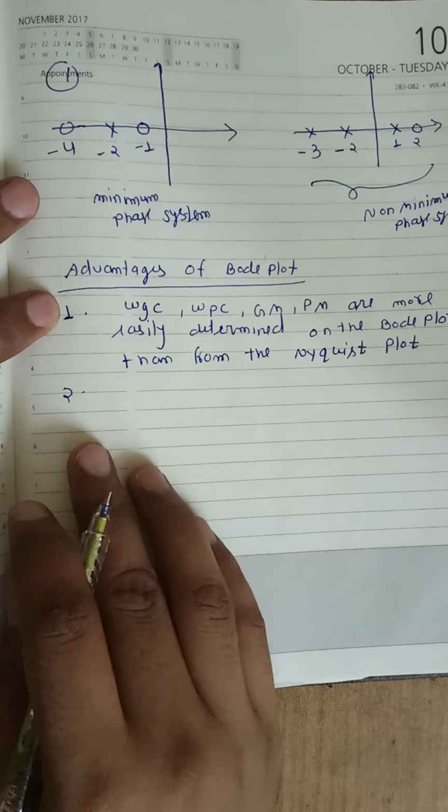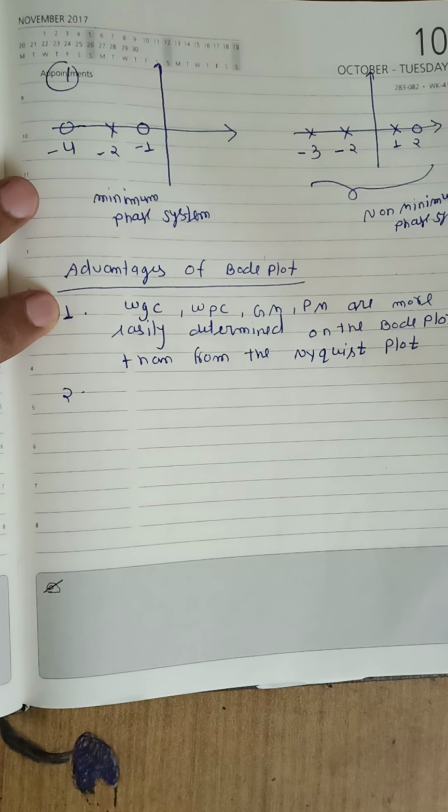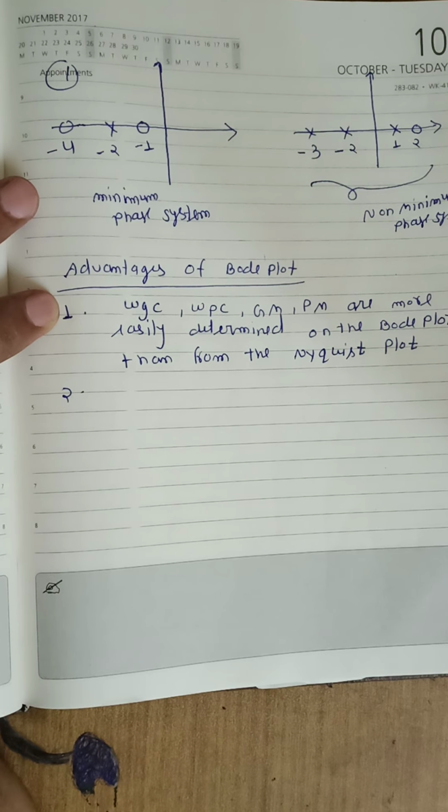If we want to show the effect of adding controllers and their parameters, with the help of the Bode plot we can easily visualize it.